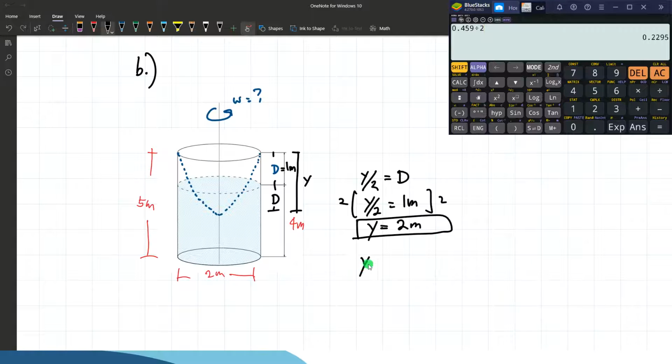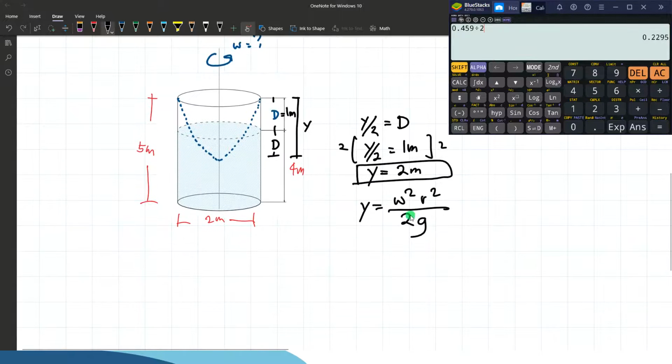If we have a 2-meter value of y, we can determine now the angular velocity using the formula again, y equals W squared R squared over 2g. So W is required. Let's isolate W. Multiply both sides by 2g over R squared first, to cancel this out.